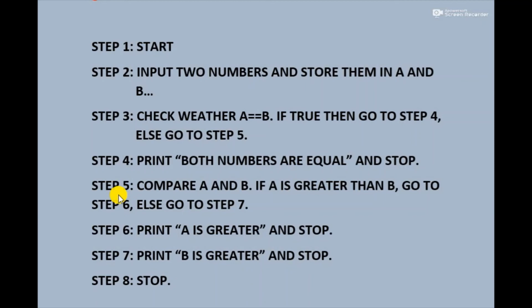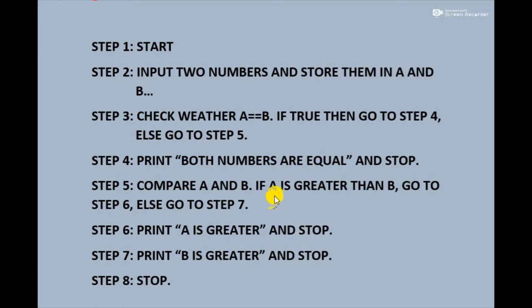Step 5 is compare A and B. If A is greater than B, go to step 6. Step 6 prints the message: A is greater. That means the output of this problem will be A is greater, and then again the algorithm will be stopped.